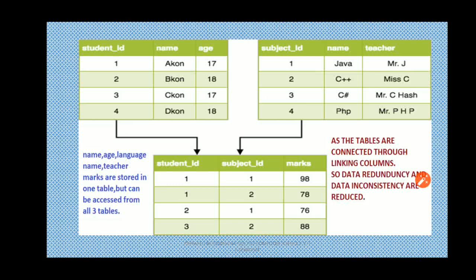When all these tables are interlinked, we do not need to store the same information in all the tables. The information can be stored in a single table and retrieved from any other table because these tables are interconnected. By this procedure, data redundancy or duplication of data is reduced to a great extent.